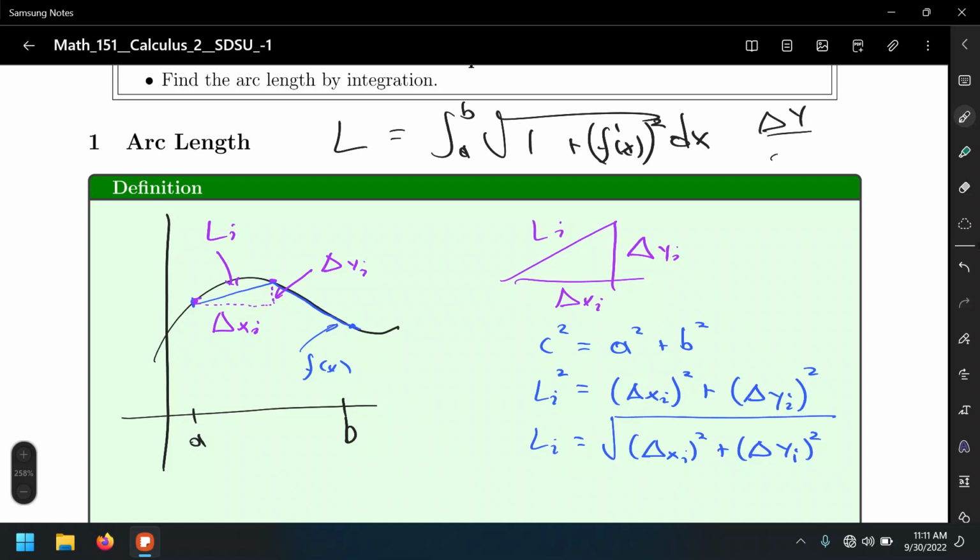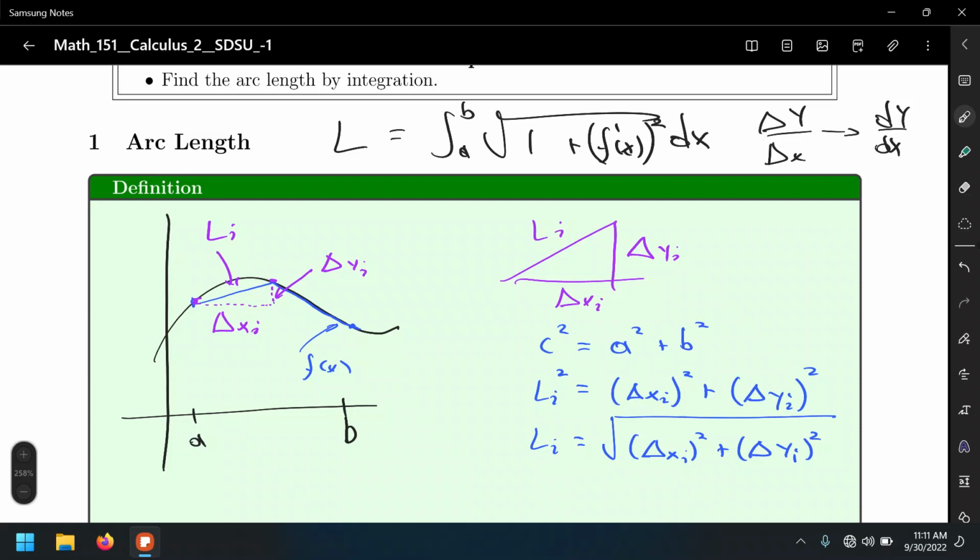Delta y over delta x was later defined as dy/dx when we were in Calculus 1. So somehow we have to have a quotient delta y over delta x inside of a radical, so we can then do a Riemann sum and turn that into an integral.